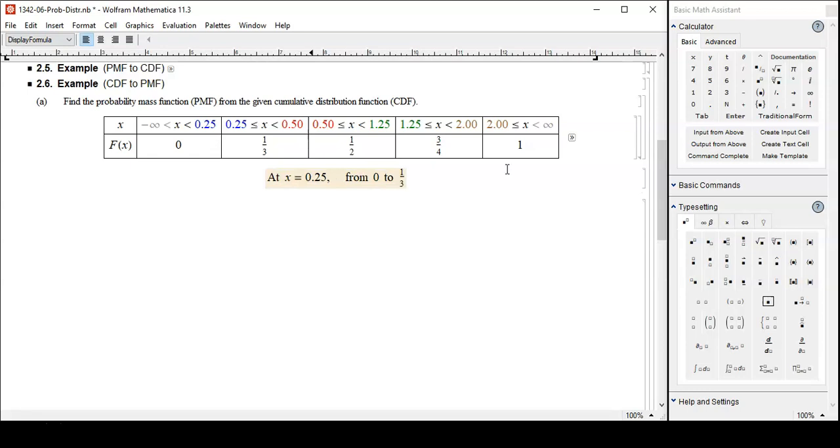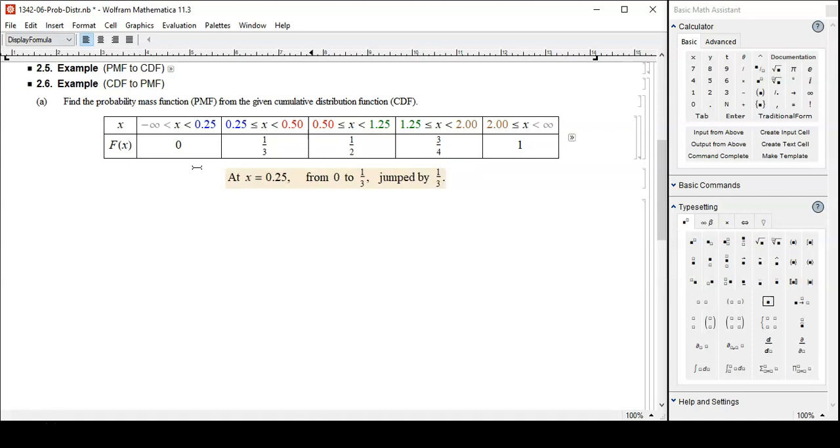So what's the jump size? From 0, I jumped over to 1/3. So what's the jump size? By 1/3. To be a bit more precise, it's going to be 1/3 minus 0.